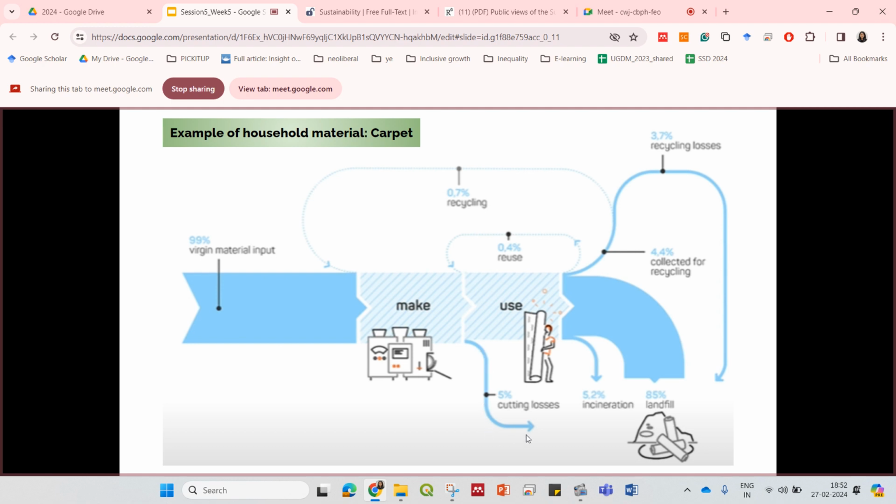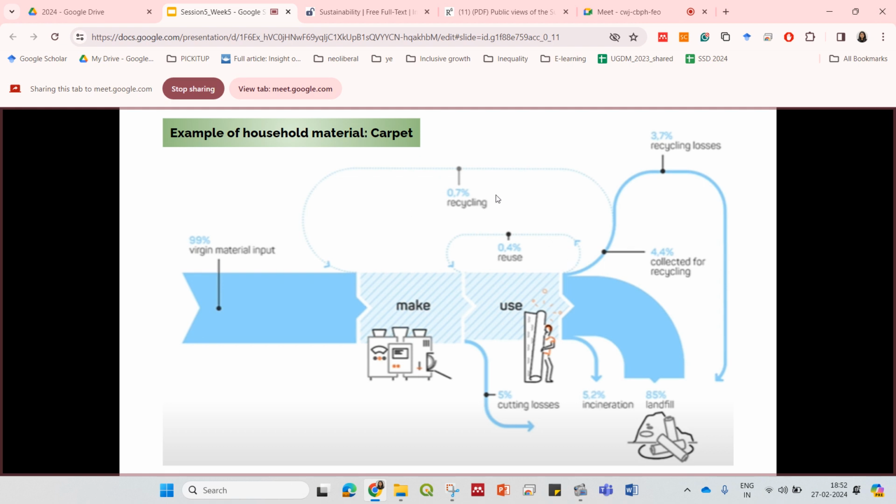There are also some losses which end up in the waste, which come from the processing stage. Then some of this carpet is reused, which is only 0.4%. Some of it also goes into recycling, and then the fibers from the recycling of the carpet are again reused to manufacture new carpets.